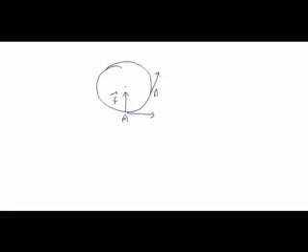So taking the same example again, if we have an object which is moving around a circle, then there will always be a force acting on it. Its direction is towards the center, so this is the force acting on the object at point A. At point B, this is the force acting on the object.